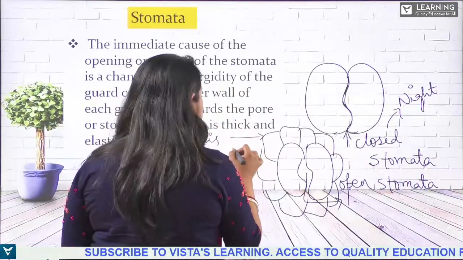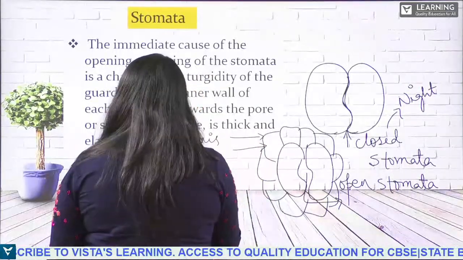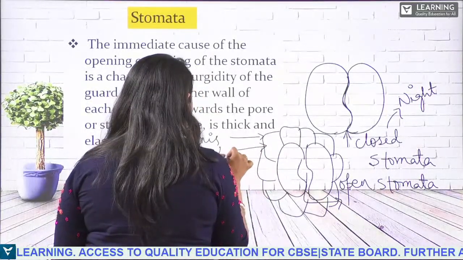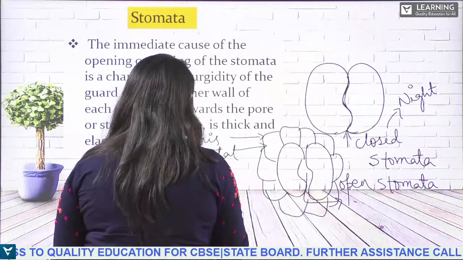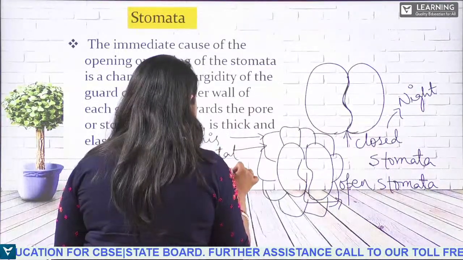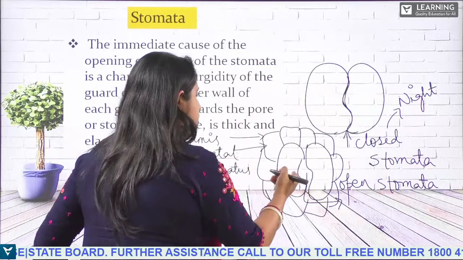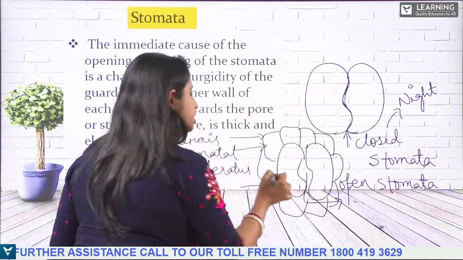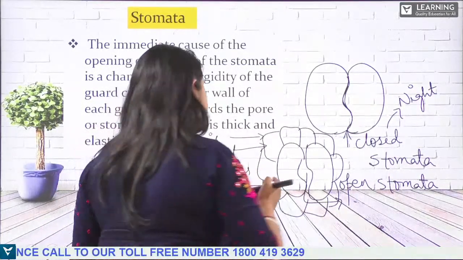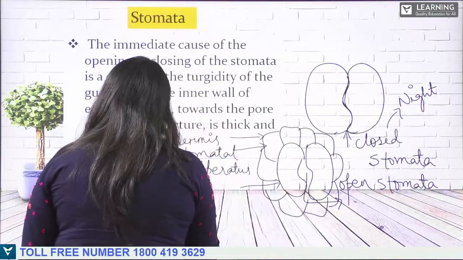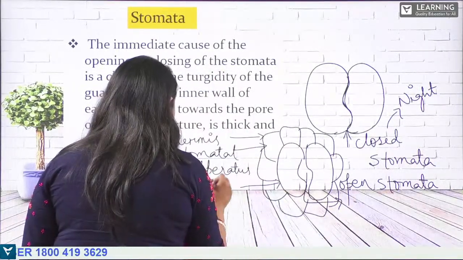And what are these? These are the stomatal apparatus. Now see, this bean-shaped structure, these cells are named as guard cells.